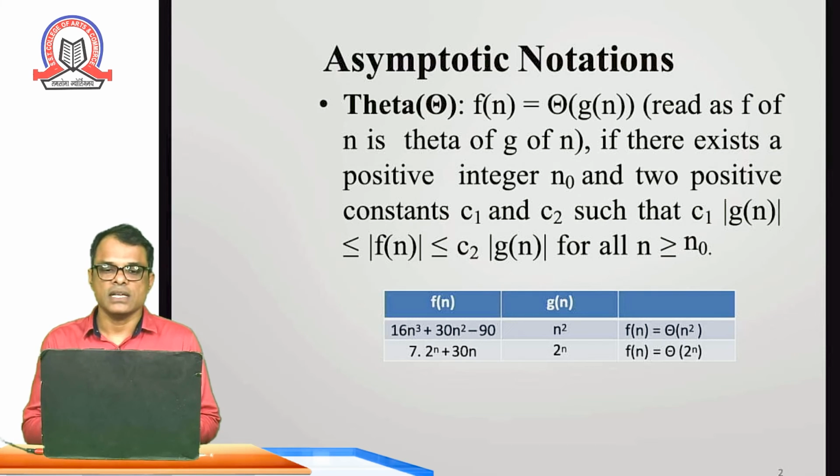So f of n is equal to theta of g of n when there is a positive integer n0 and two positive constants c1 and c2 such that c1 times g of n is less than or equal to f of n, which is less than or equal to c2 times g of n. So if f of n lies between these two bounds, that is the average, so it gives you both the upper and lower bound. At that time we can call it a theta notation.